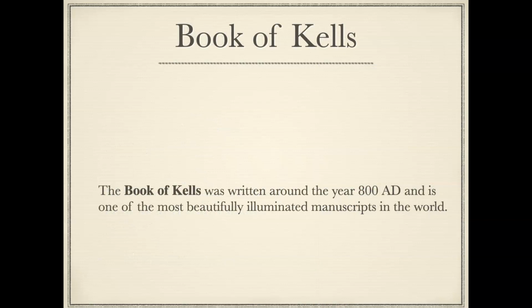Which brings us to the Book of Kells. The Book of Kells is probably one of the most famous illustrated manuscripts in the world. It contains all four Gospels, each preceded by a preface, a summary, and a canon table of concordances of the Gospel passages.